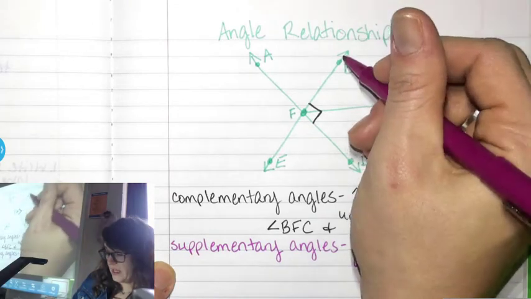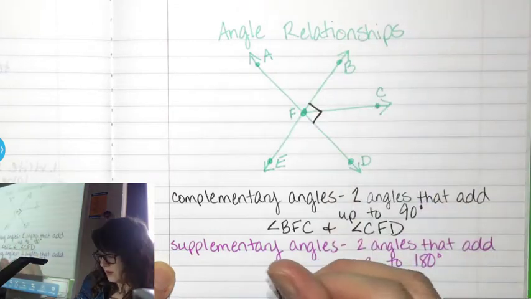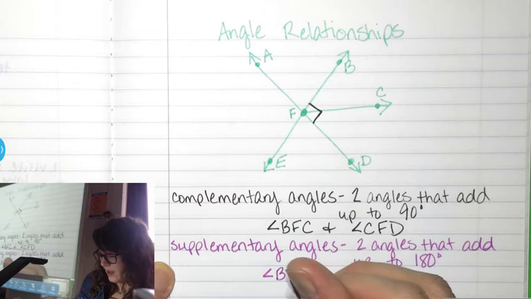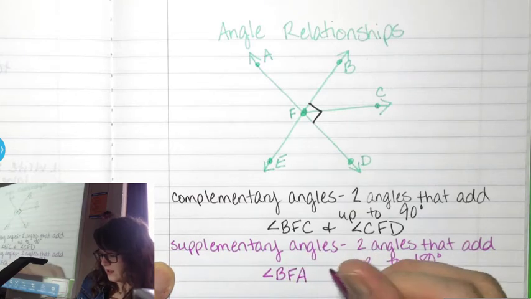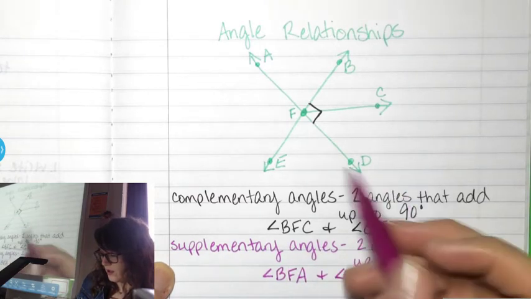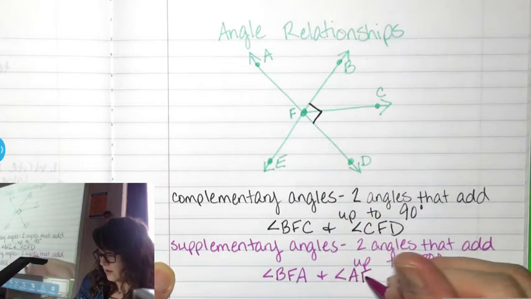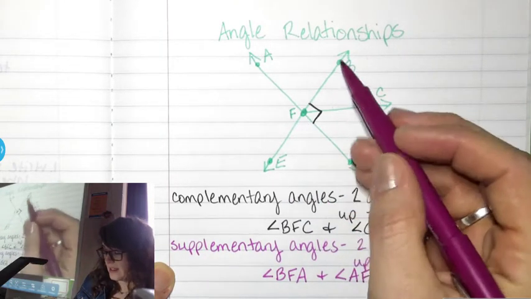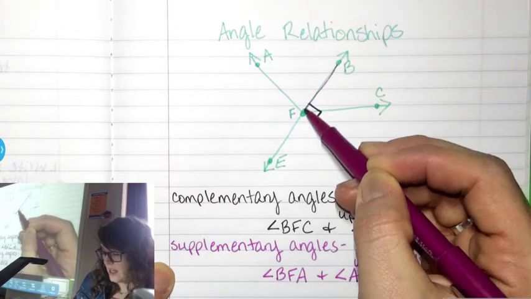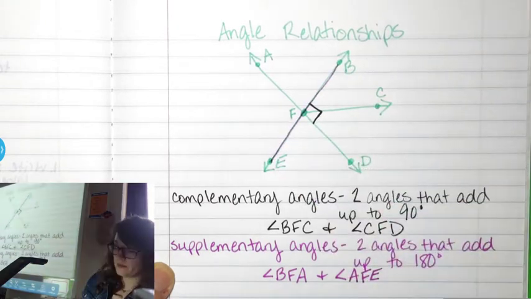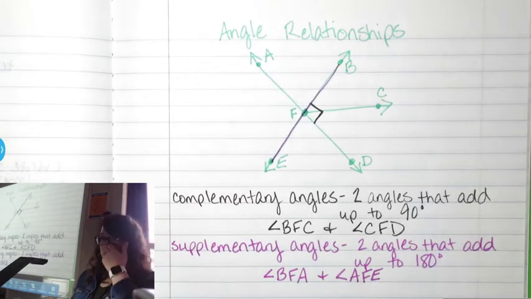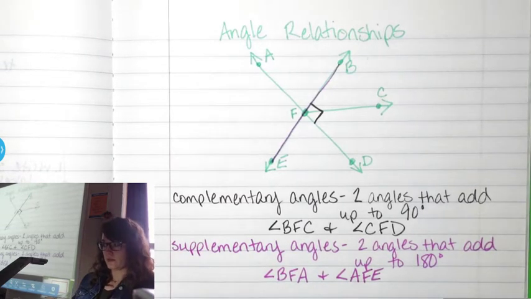So angle BFA and angle AFE, because this is 180 degrees. Straight lines are 180 degrees.